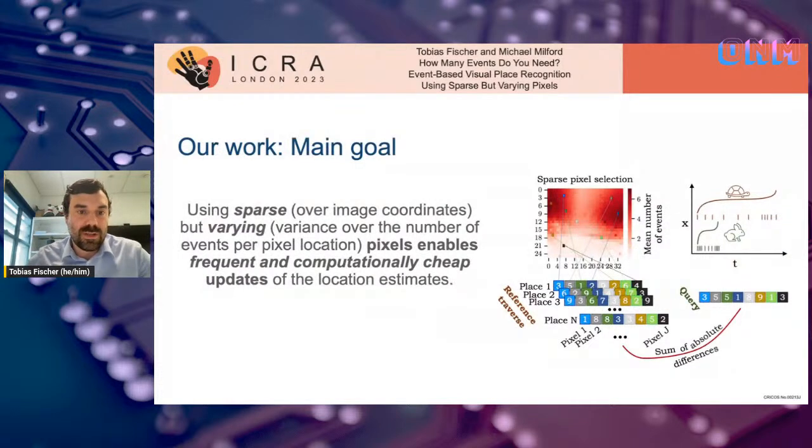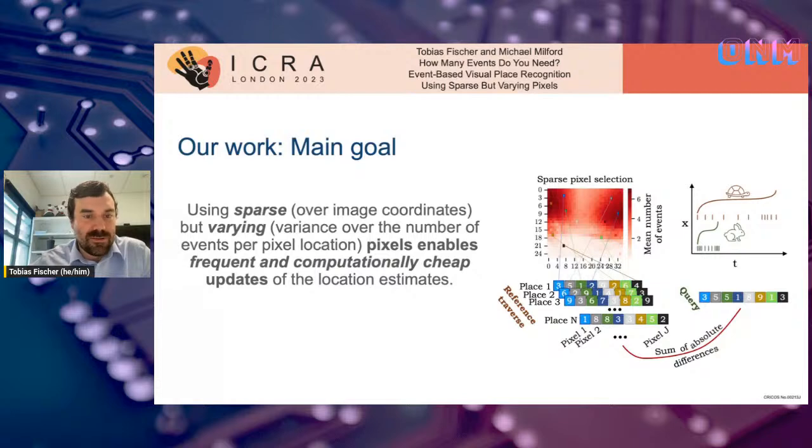Now, the work that I'm going to tell you about today, we use a very sparse representation. By sparse, I mean very few pixels over the image coordinates. But we want to use varying pixels. By those, I mean the pixels that have the highest changes over time, because they are most likely the ones that are the most interesting for place recognition.